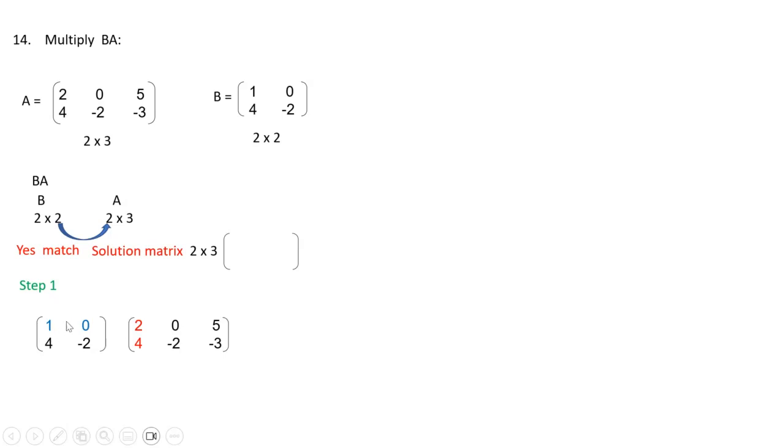That's why I color coded it. The first row is in blue, and the first column that I'm going to multiply is in red. So you multiply the first element times the first element, and the second element times the second element. So 1 times 2, plus 0 times 4. It's going to give us 2 plus 0. The answer is 2, so the 2 goes in the first slot.